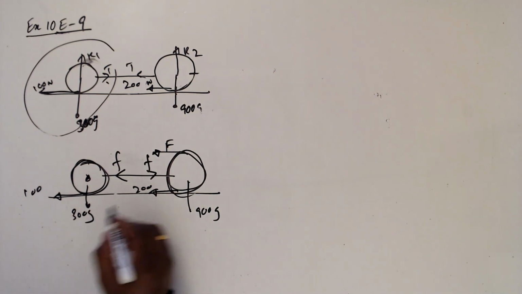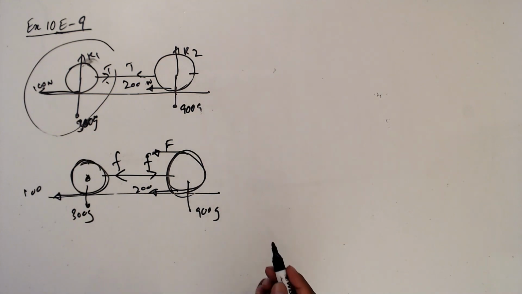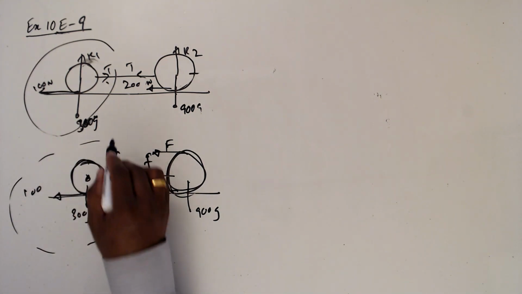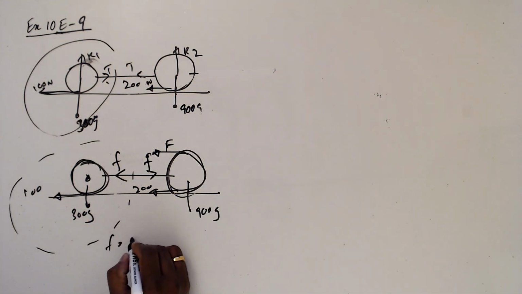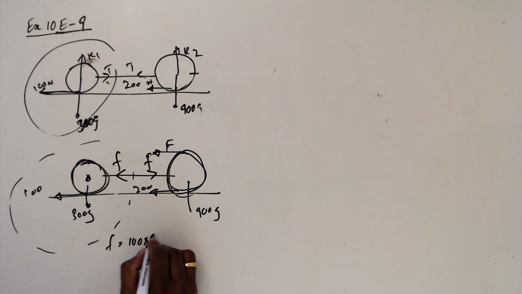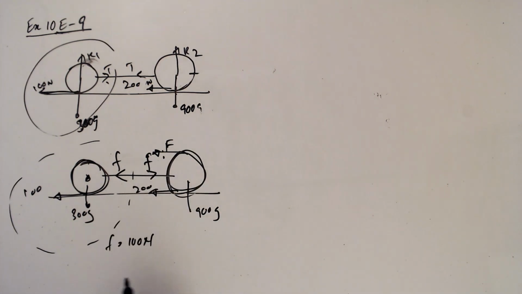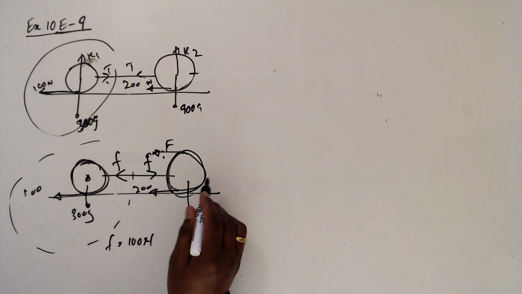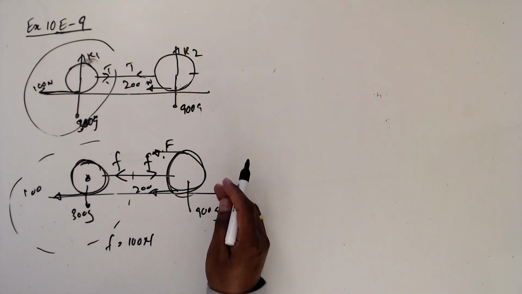Now we can consider this system, and the thrust is given as 100 Newton. We need to find this F. First of all, we need to find the deceleration, because when you apply the brake the system decelerates.